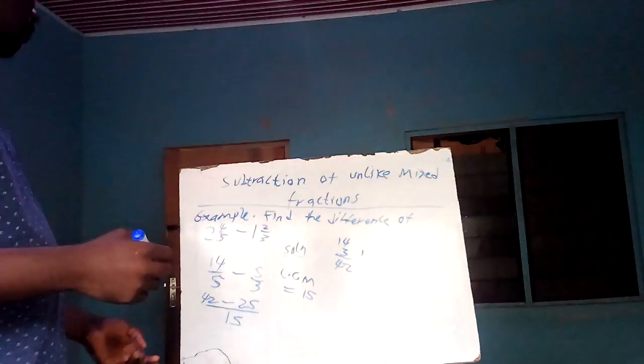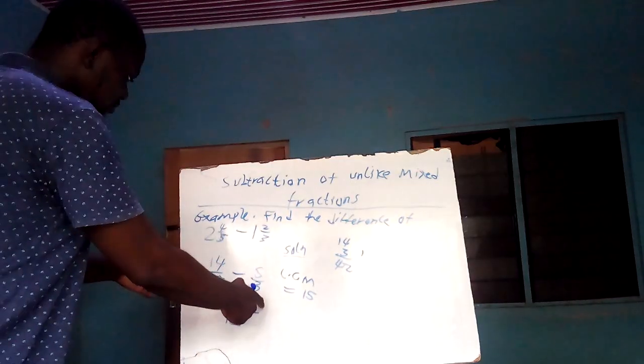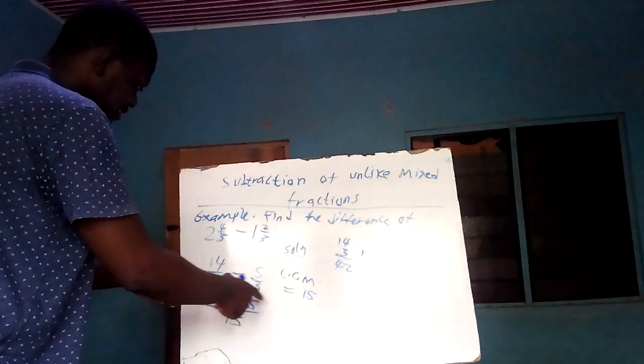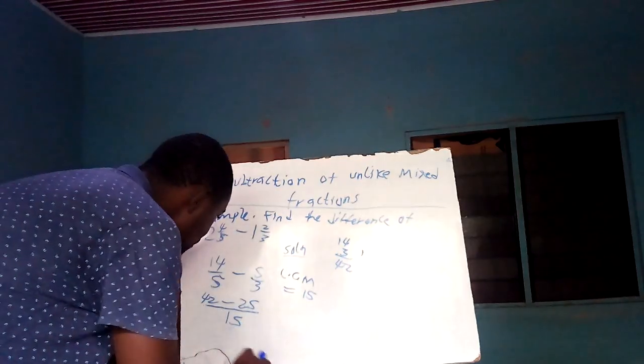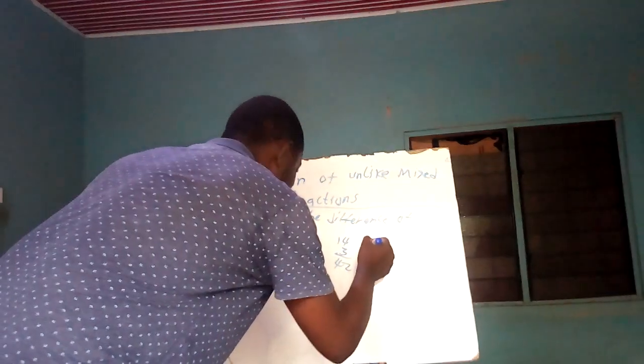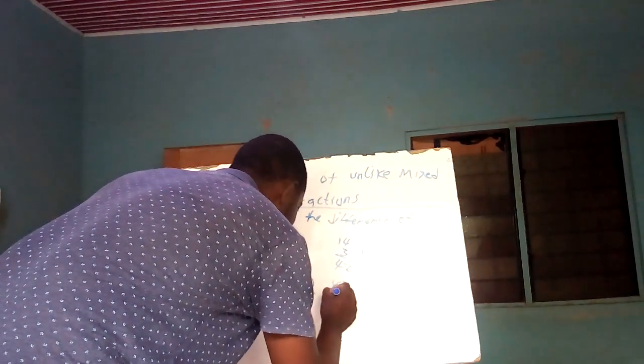Now what you have to do is solve the numerators. So what we have here is 42 minus 25.